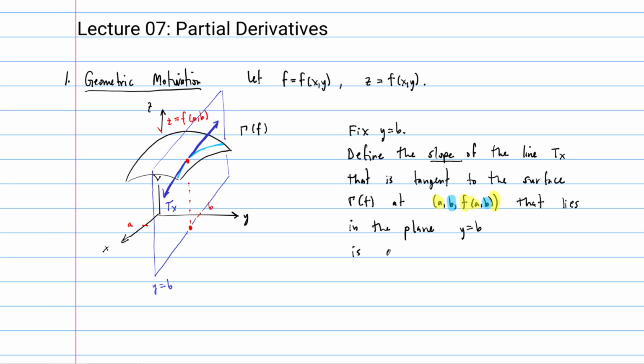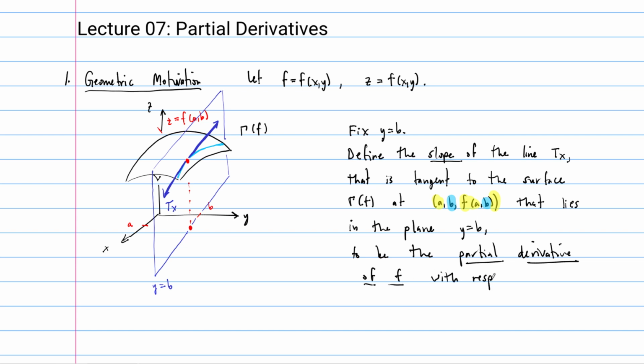I've written this in a kind of weird way, so let me regroup here. Define the slope of the tangent line t sub x, that is tangent to the surface gamma f at this point and lies in this plane, to be the partial derivative of f with respect to x.